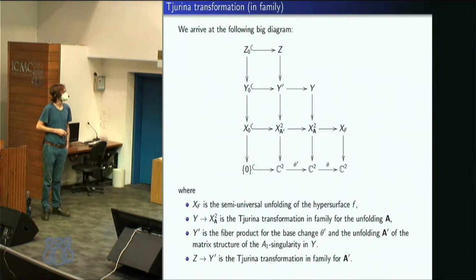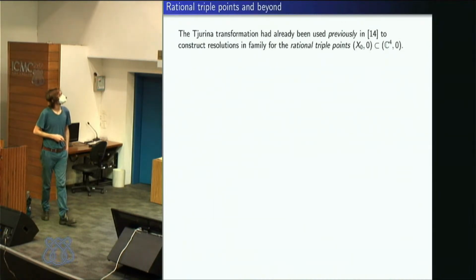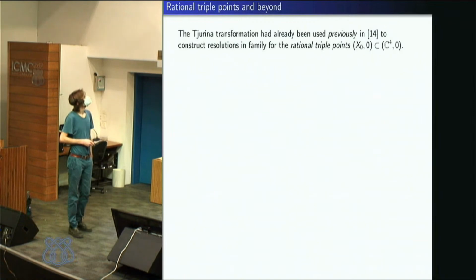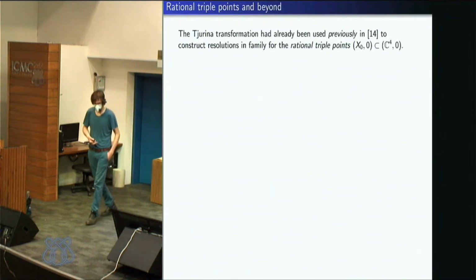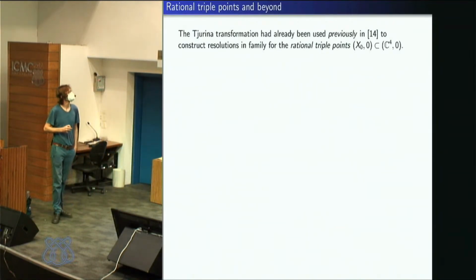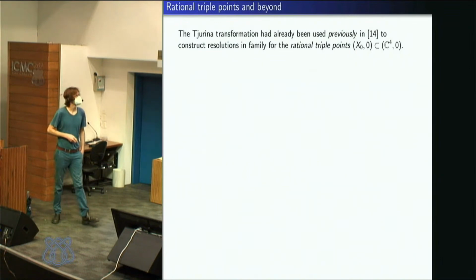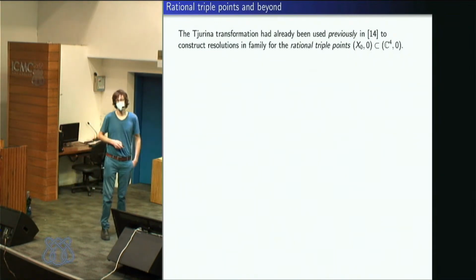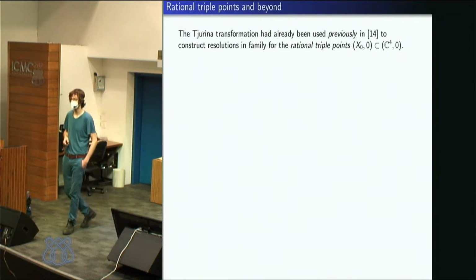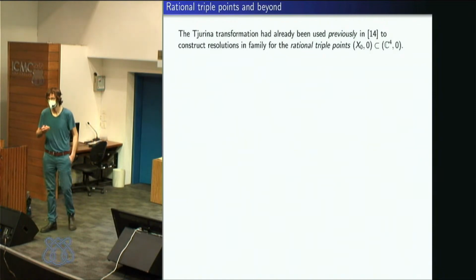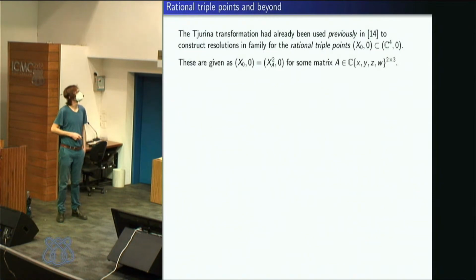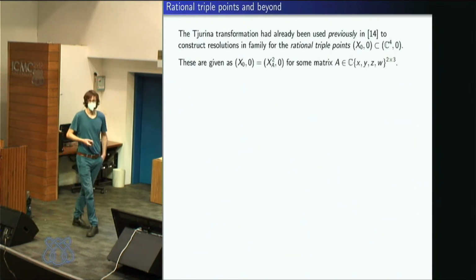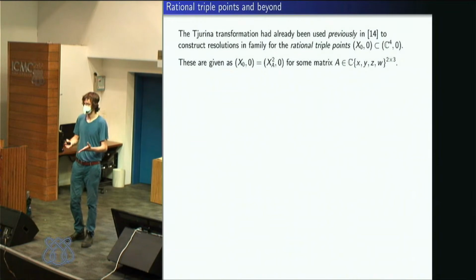Good, that's just what I said. And interestingly, this Tjurina modification, the name comes from this paper by Tjurina, and she has used it for the rational triple points first, right? So it's not natural to apply this in the ADE setting, but the rational triple points. So these are naturally matrix singularities.